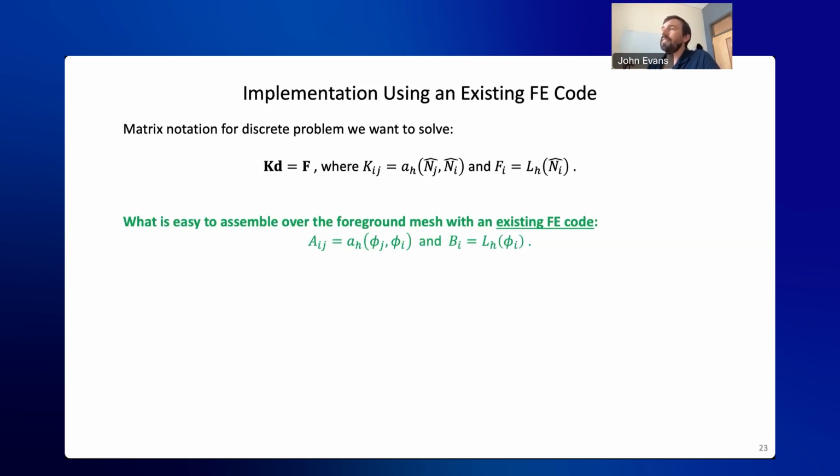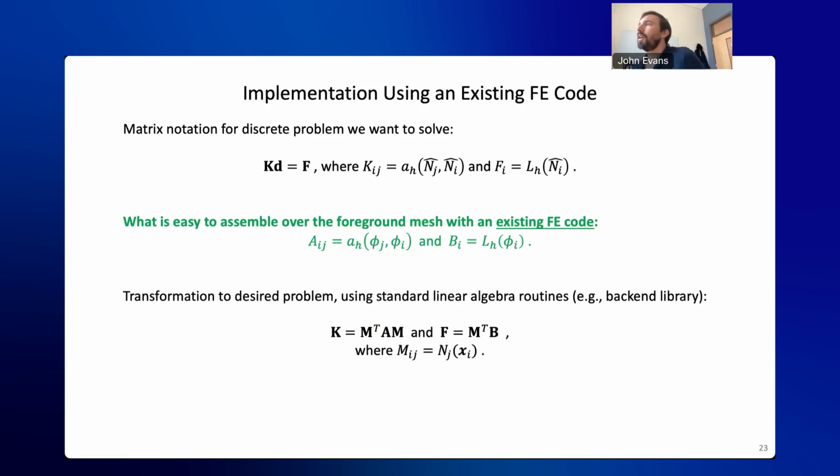But is instead essentially evaluating our bilinear and linear form for our Lagrange basis defined over our foreground mesh instead, right? That's what a classical finite element code is utilizing. So we can form a matrix A with entries A_ij equal to a_h of phi j, phi i, and a vector B with entries B_i equal to l_h of phi i.